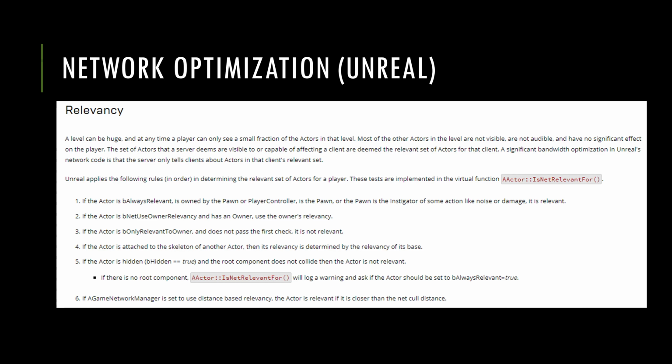Then the engine has a way of catching up and making sure that they know what all the relevant information is. This notion of relevancy is important because of the bandwidth constraint between client and server and wanting to make sure that you have low ping, low latency. Unreal is doing 99% of that lifting for you using their net relevancy calculation.